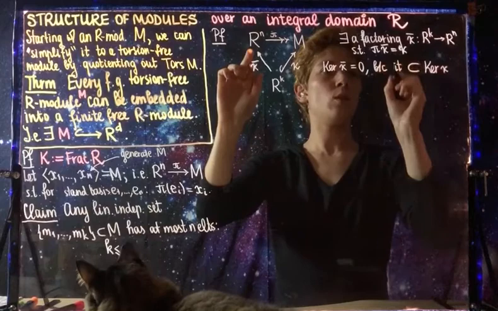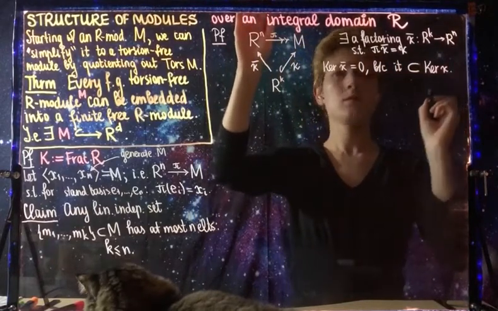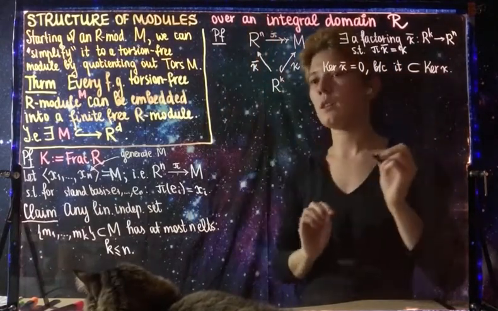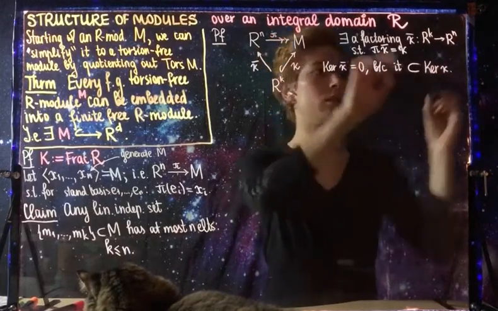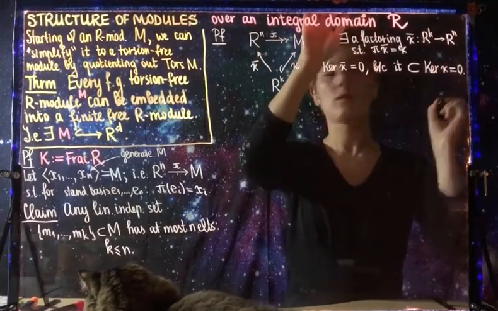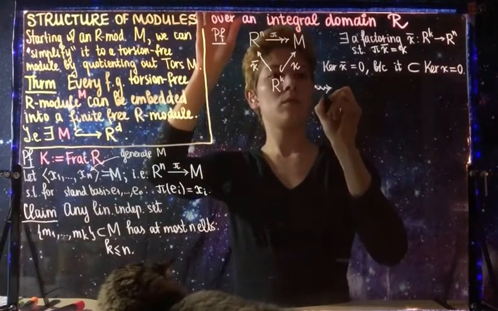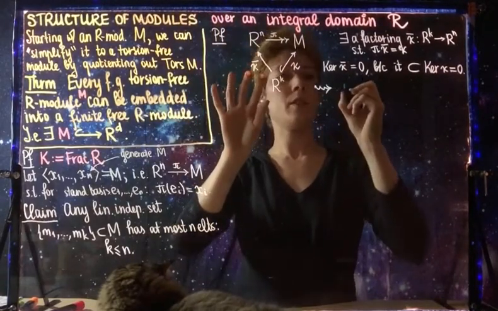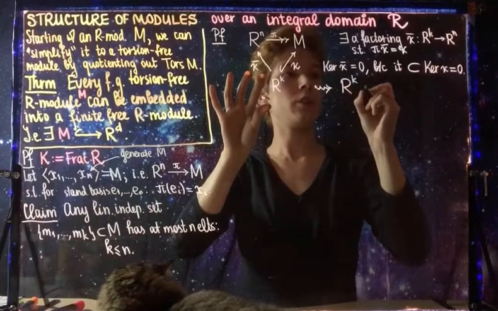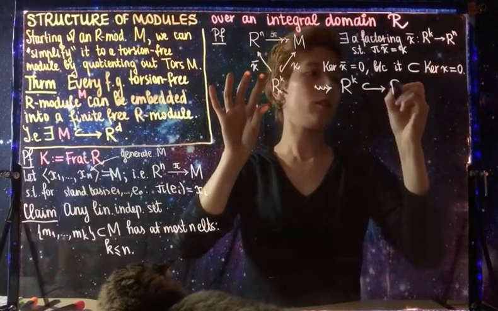And we have that kappa is an injection, so its kernel is 0. So kappa bar is an injection of R^k inside R^n.